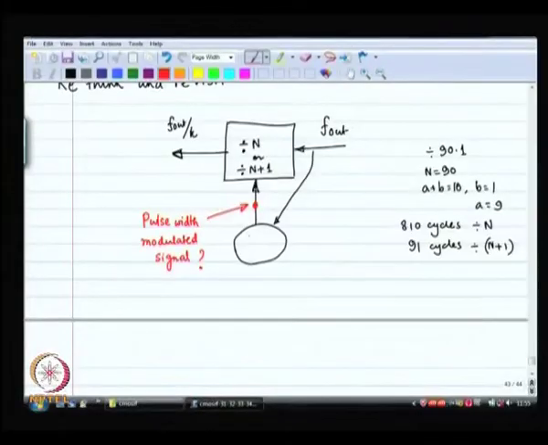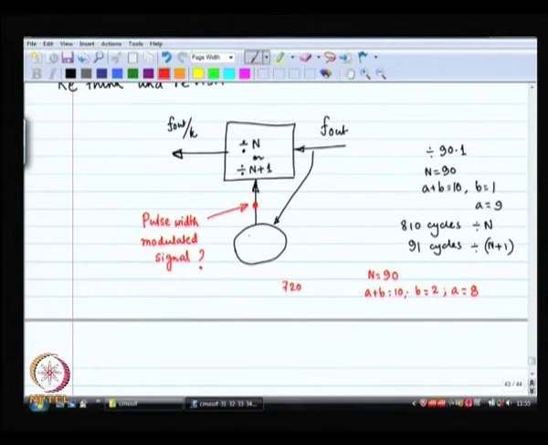If you wanted 90.2, then you would do n equal to 90, a plus b equal to 10, b equal to 2, a equal to 8, I am sorry, which means 8 times 90 is 720 cycles.